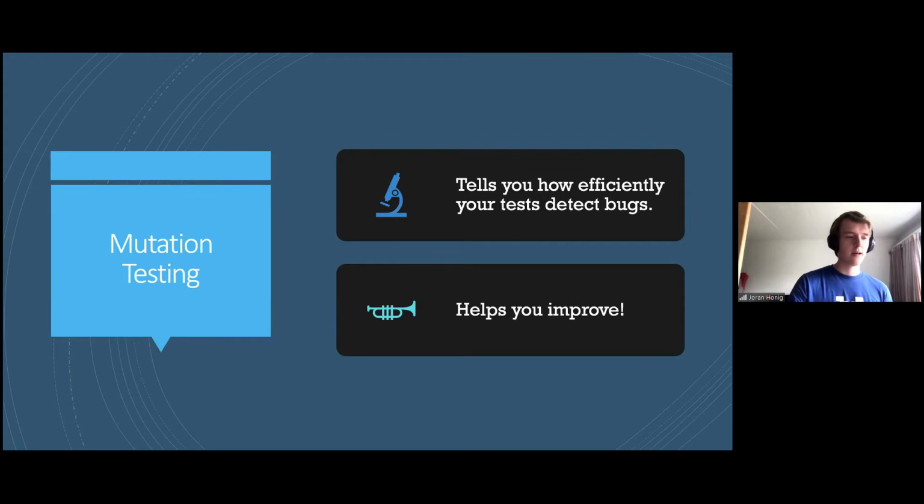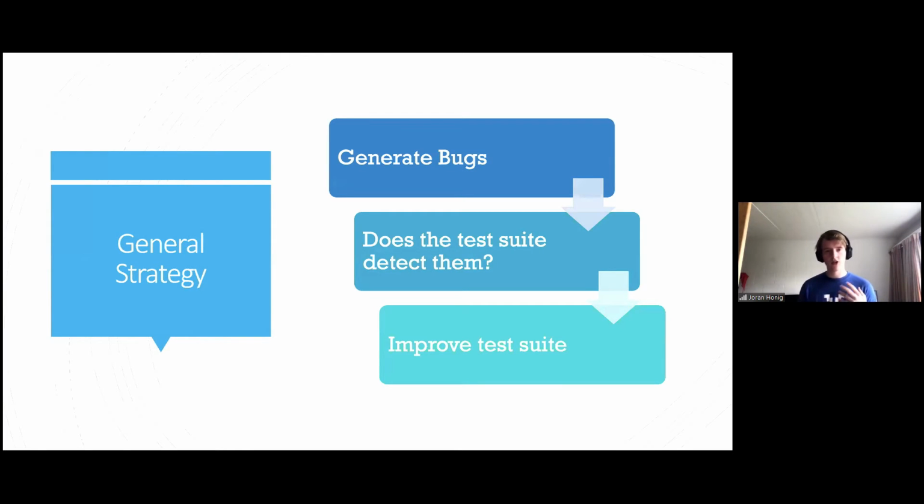So the general strategy behind mutation testing looks like this. We start by generating a set of bugs, and we do this using mutation operators, like mutation rules that specifically try to introduce certain kinds of bugs in your code. We end up with an entire set of mutated programs with all these different kinds of bugs in them.